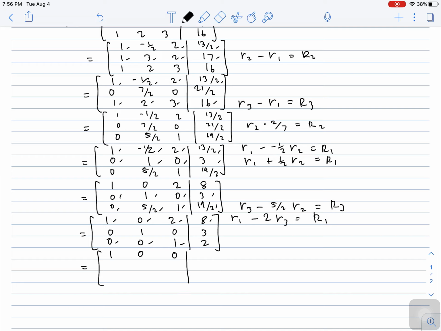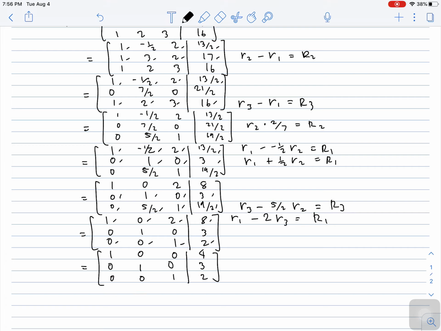Then 8 minus 2 multiplied by 2 is 4. Then copy the rest. So 0, 1, 0, 3, 0, 0, 1, 2.